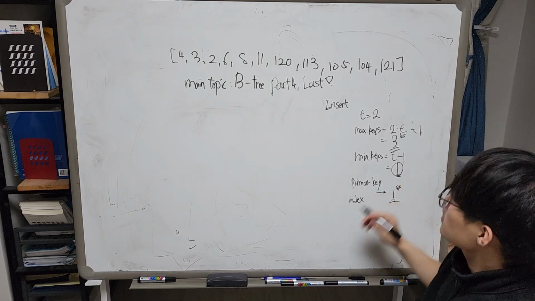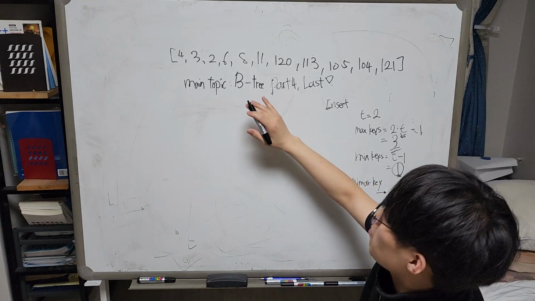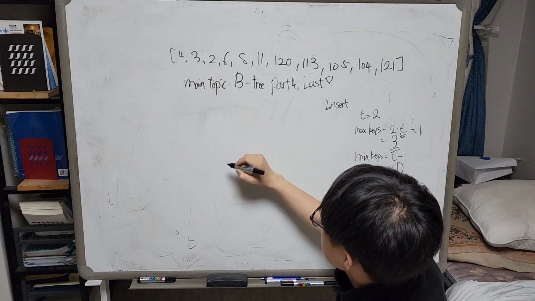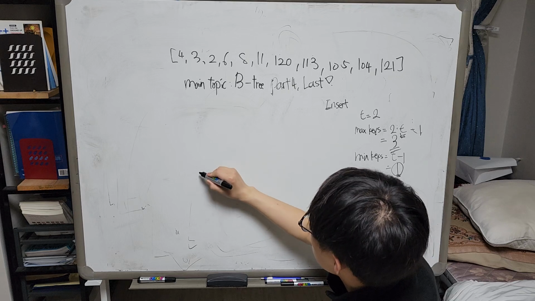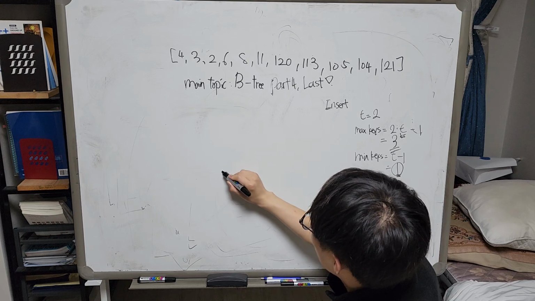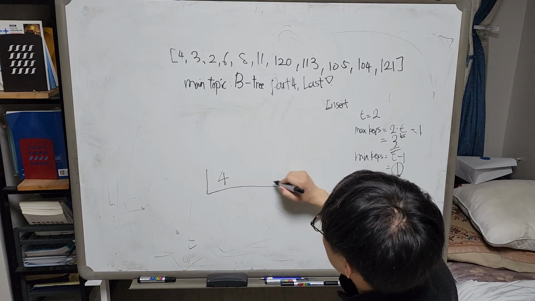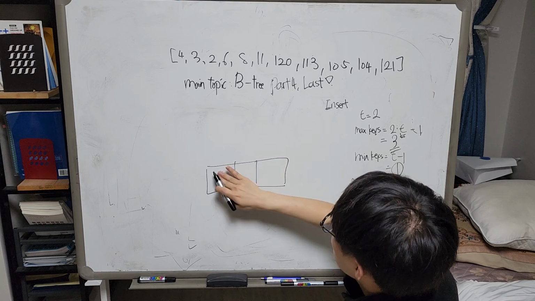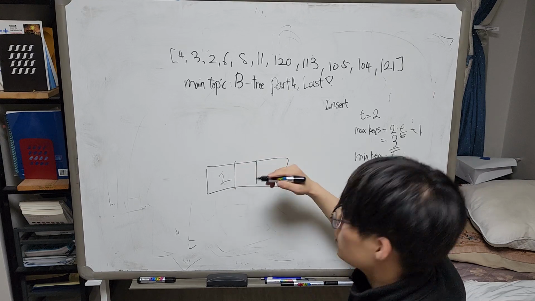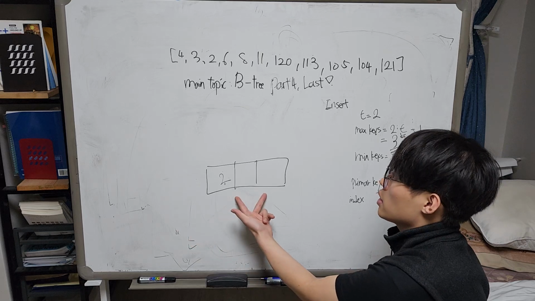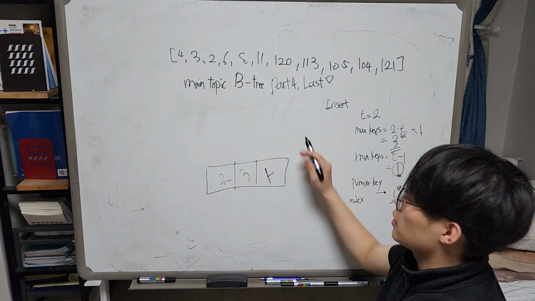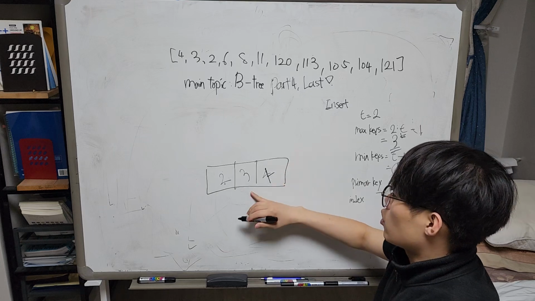So let's begin. When you try to insert, you should really do the sorting, because you have to find the primary key. 2, 3, 4.